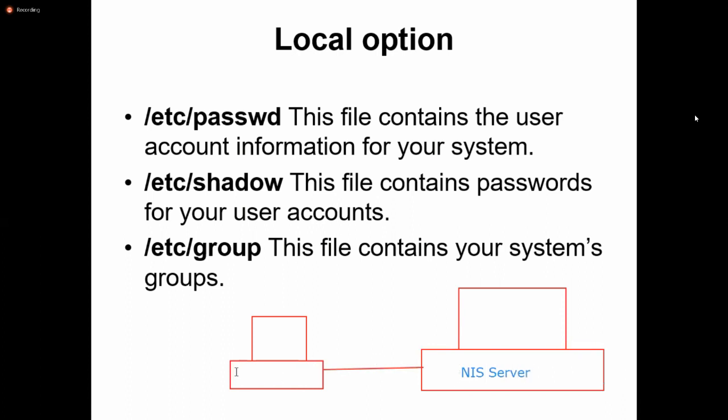So in my server, it's like the domain server. Now let's say we have put up an NIS server and then we have added this client to the NIS server, right?